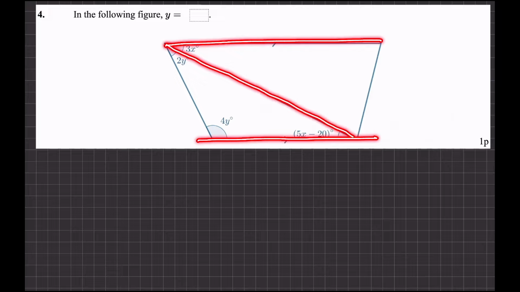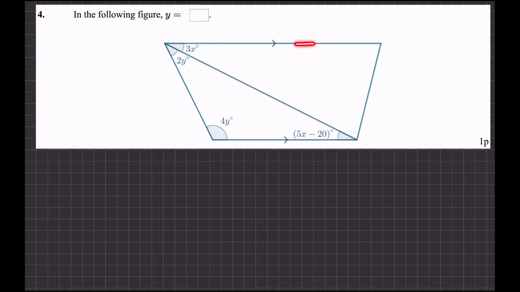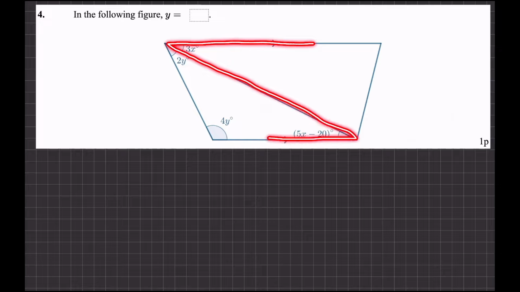So this means this acute angle constructed on the top line and this acute angle constructed on the bottom line, they have to be the same. Or you can consider your Z shape. Of course, this is not a complete Z shape, but you understand what I mean. This looks like a Z and these are parallel. So again, this angle should be equal to this angle.